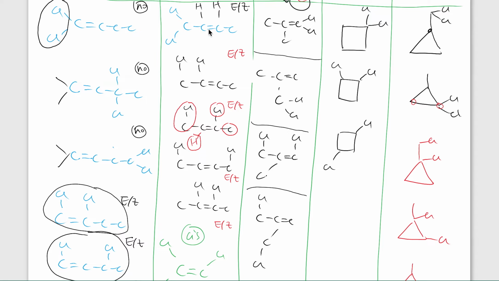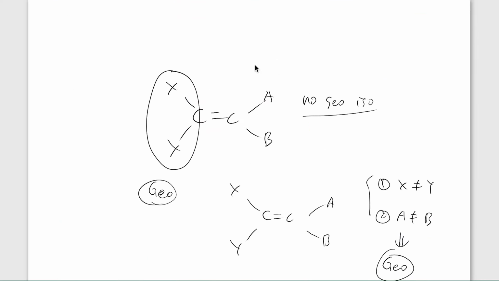Oh, we're looking at the double bond, not that carbon. So you see the double bond is in the middle? We're only looking for the double bond. So I'll just elaborate on the one Phil pointed out because that confused me as well.